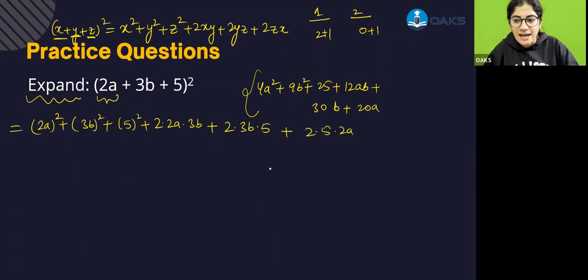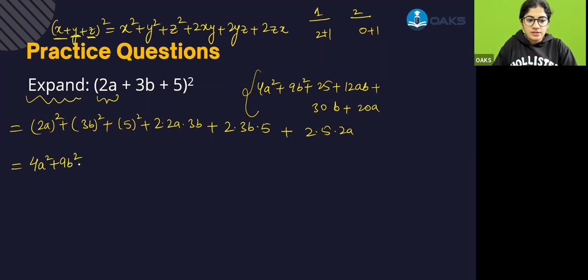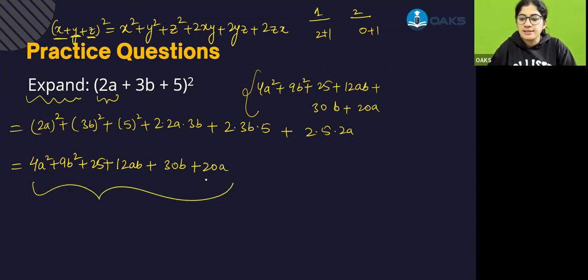Everybody just match this with me. And we get the answer as 4a square plus 9b square plus 25 plus 12ab plus 30b plus 20a. So this is the final answer I'm getting, and school 1 and school 2 got the same answer.